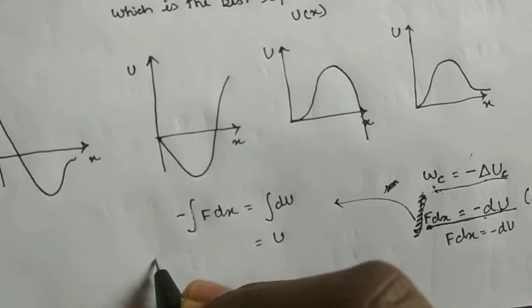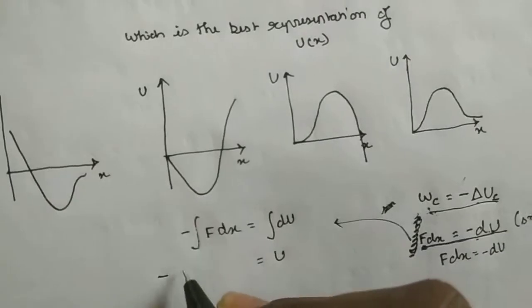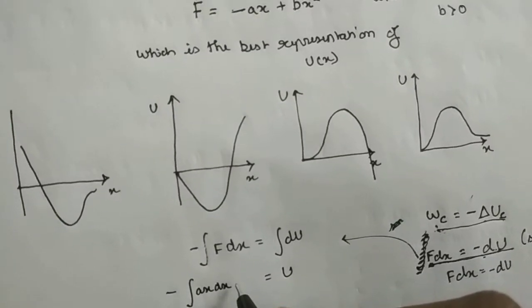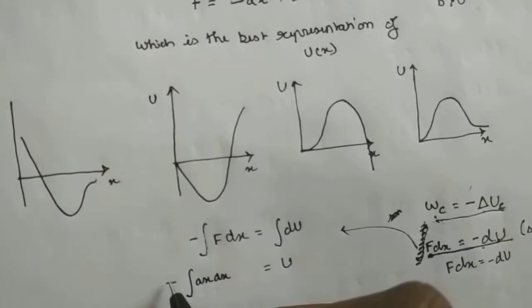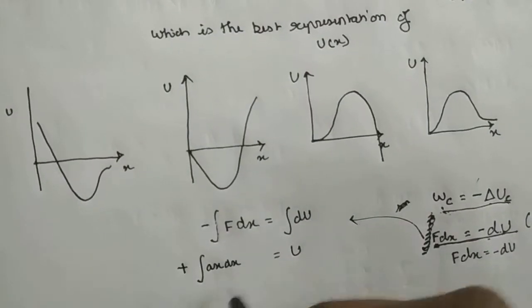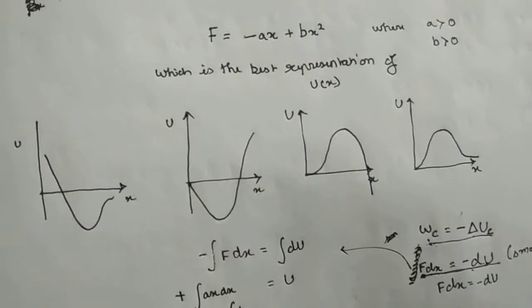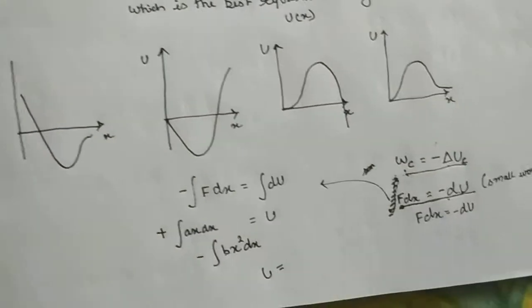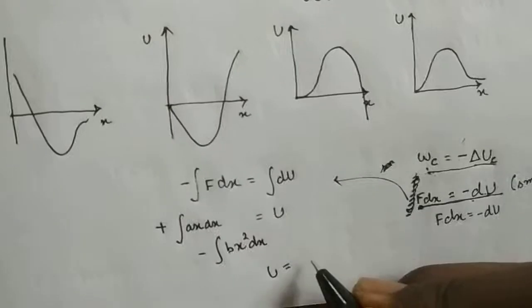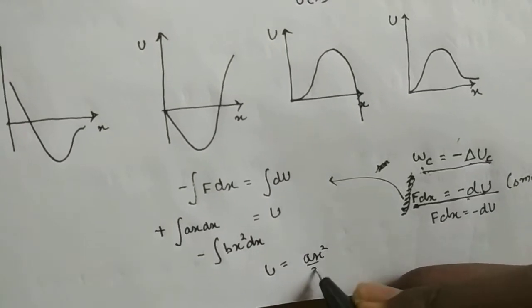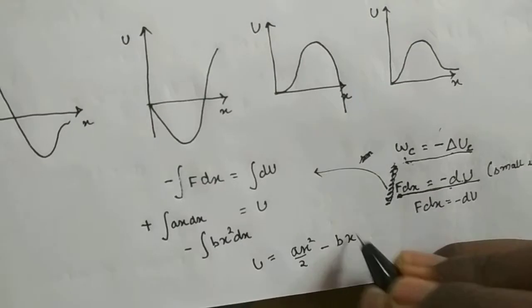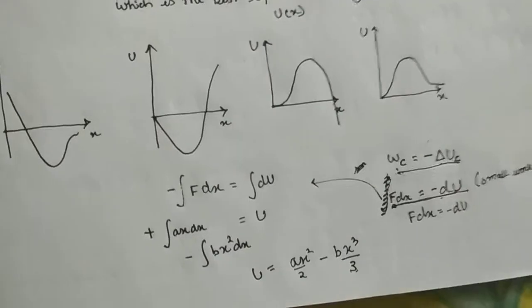Since that was minus, it will become plus, and then minus the integration of bx square dx, and finally we will get u equals x square by 2 minus bx cube by 3.